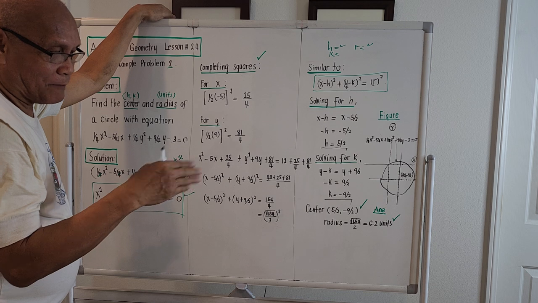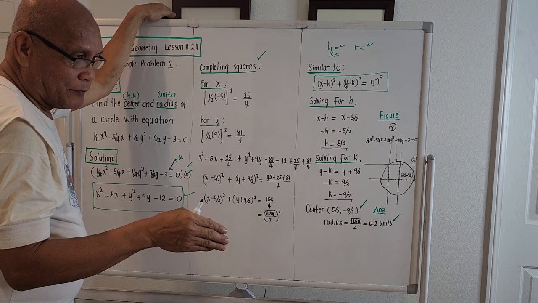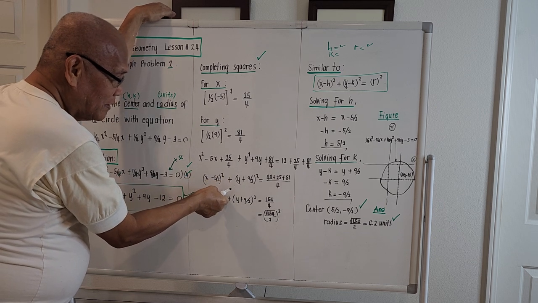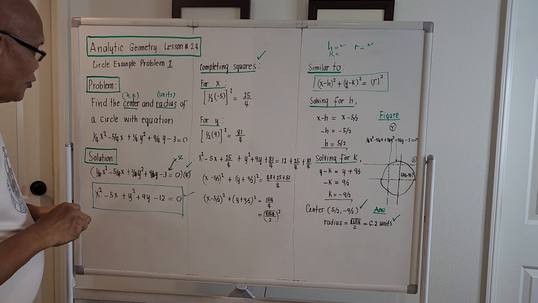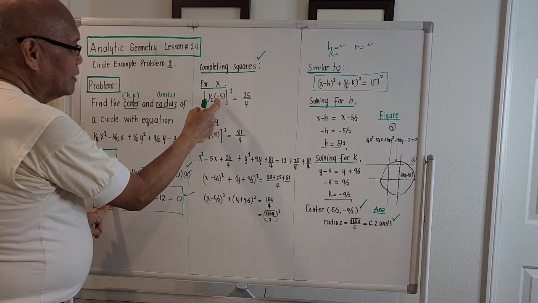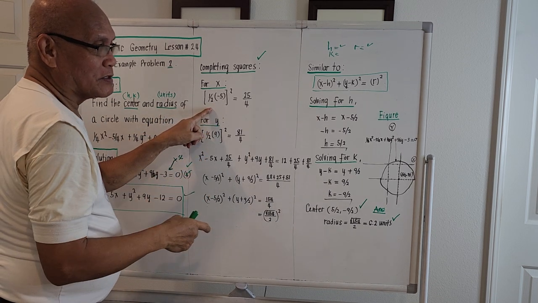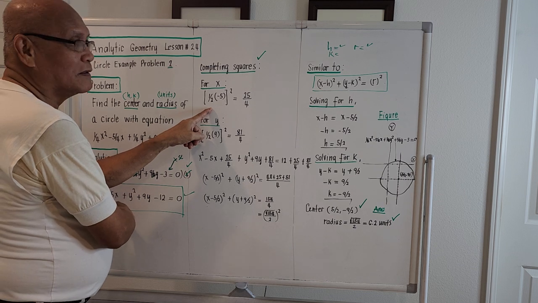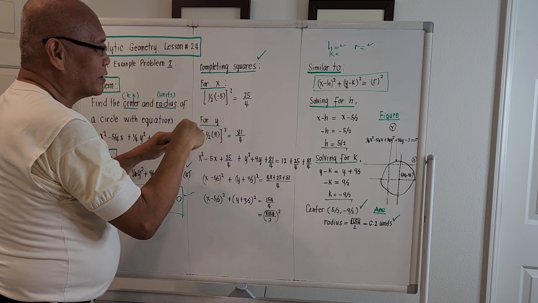Because a perfect binomial, if we try to expand it, will be of this form here. For x, we need the coefficient of this x here, and the coefficient is actually negative 5. Under the rule of completing squares, we take the coefficient of x, multiply it by 1/2, then square it.